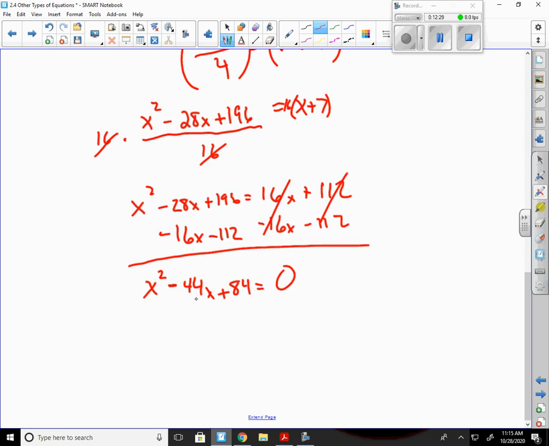Now we can either do quadratic formula or see if there's something that multiplies to give us 84 and adds to negative 44. Just thinking off the top of my head, whatever multiplies to give us this would have to be a pretty big number to add to give you negative 44. So I'm going to think about 42 and 2, and those would add to give you 44.